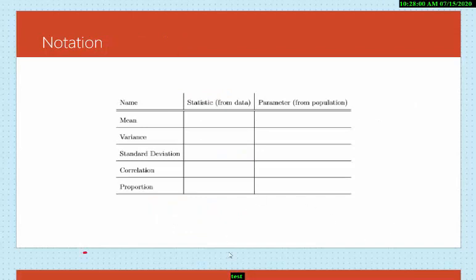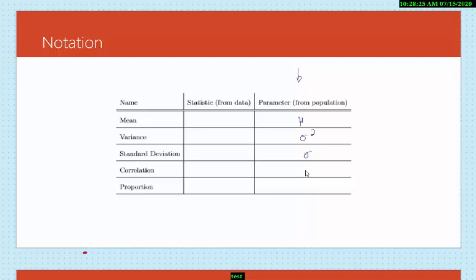So what I want us to do right now is to make sure that we know what is the notation for those. So when we refer to parameter, the mean is considered to be mu. The variance is nothing else than sigma square. So we start with the standard deviation that is sigma, and the variance is sigma square.